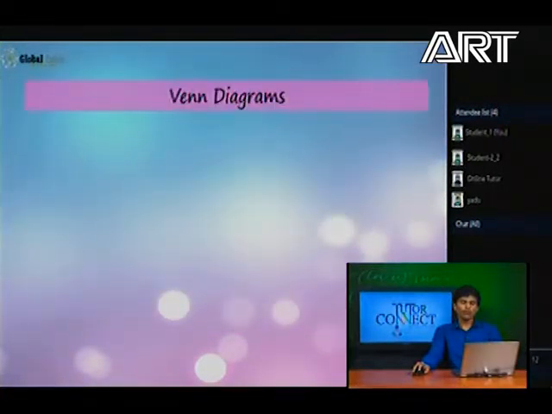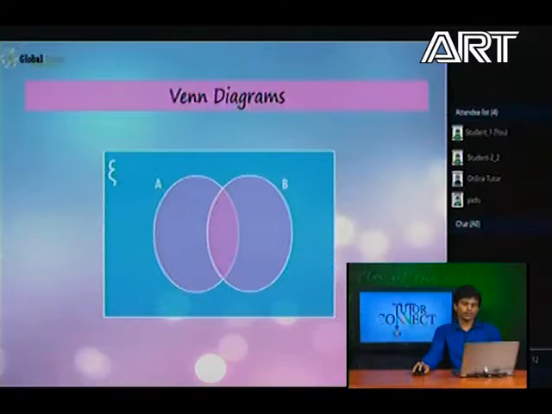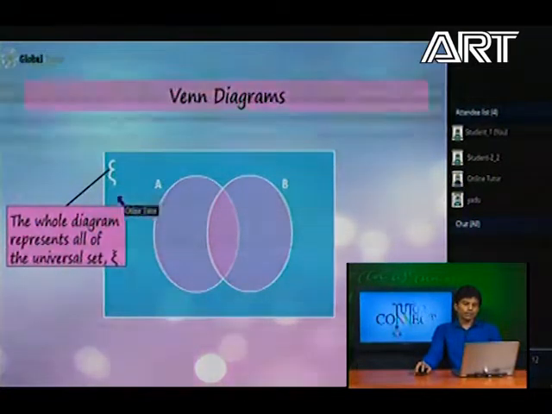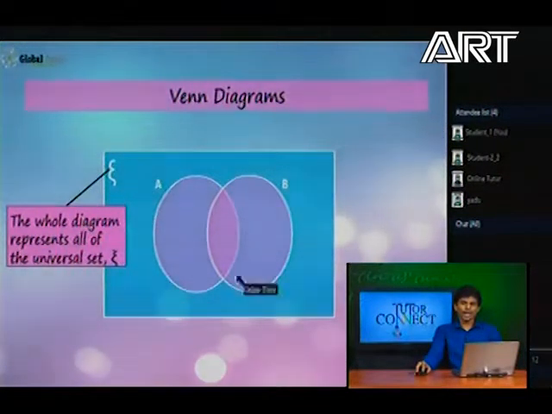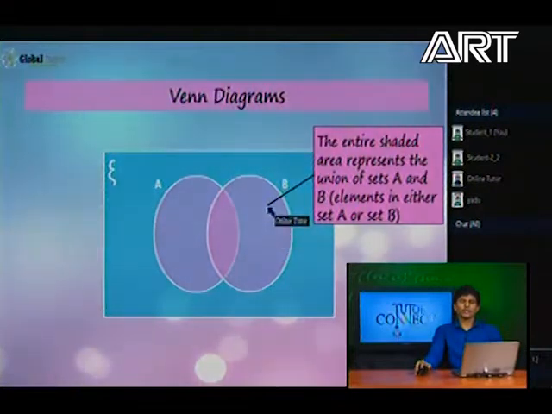We shall now move on to Venn diagrams. You must be wondering what this diagram represents. There's an E on the corner of this diagram, which represents the whole diagram, all of the universal set elements.